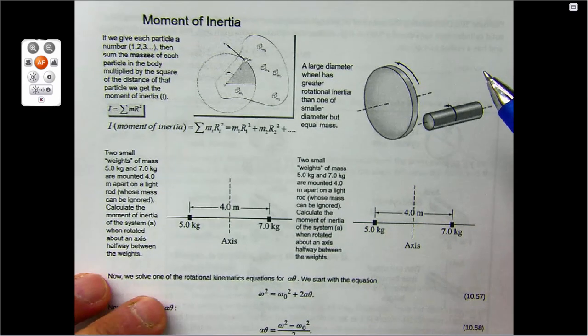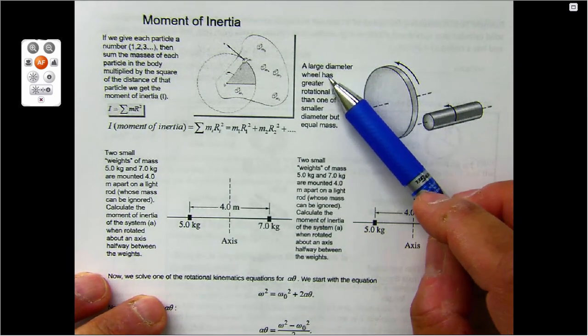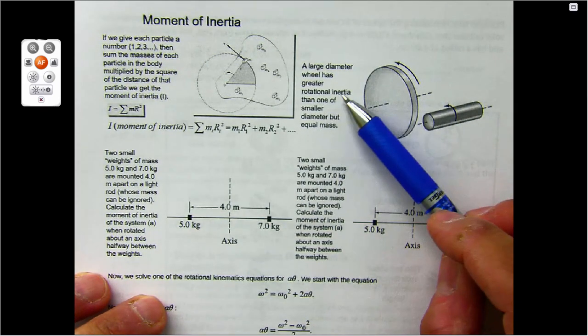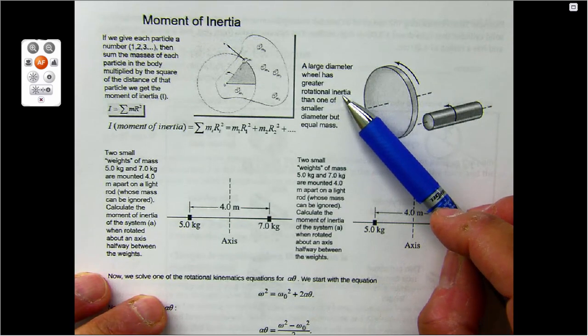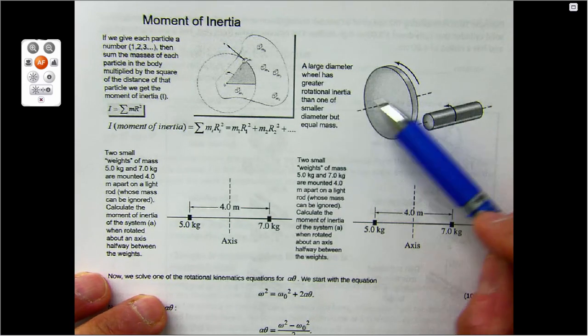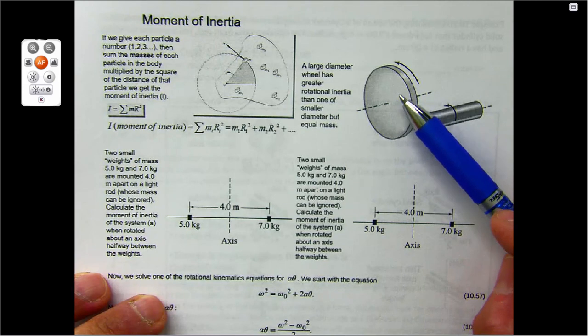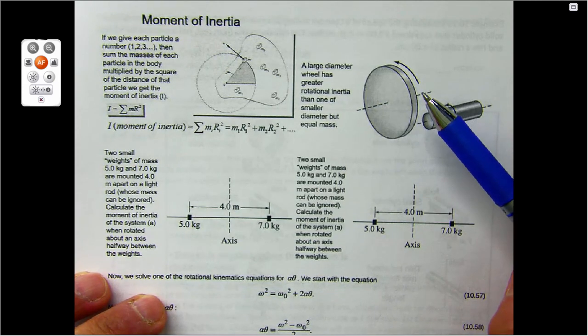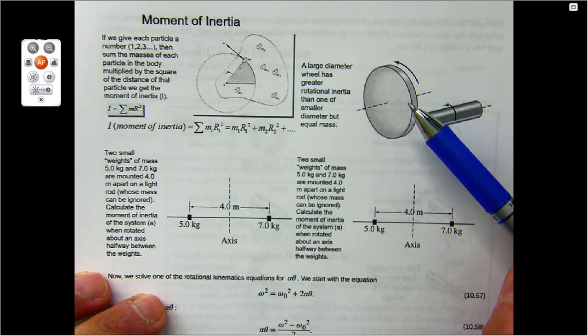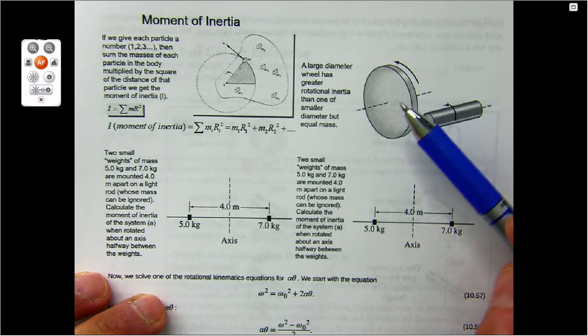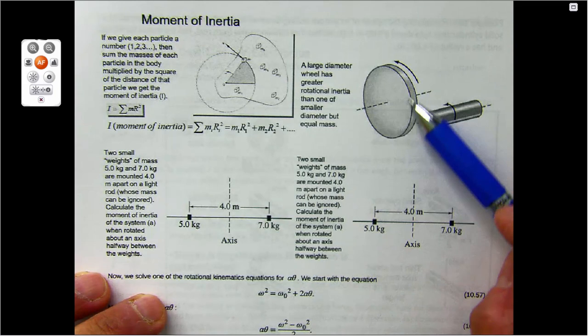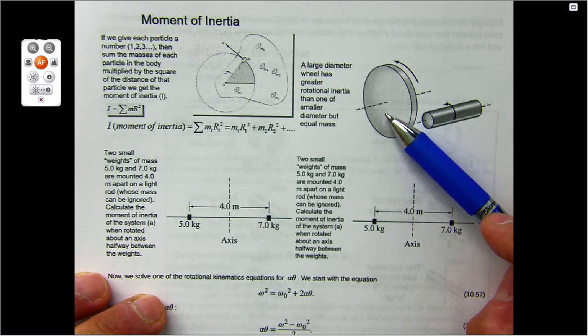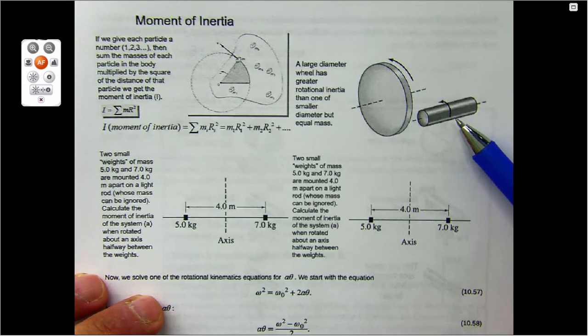Probably you may know that a large diameter wheel has a greater rotational inertia. Now this is just like Newton's law of inertia. Object in motion wants to stay in motion, object at rest wants to stay at rest. So we have the same thing, but a large diameter wheel has greater inertia than an equal mass wheel of smaller diameter.